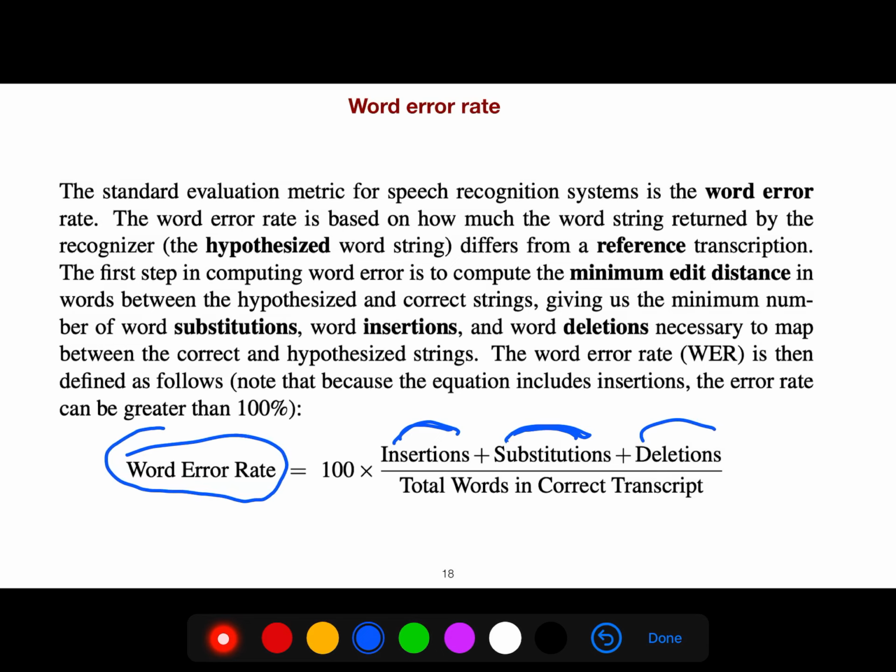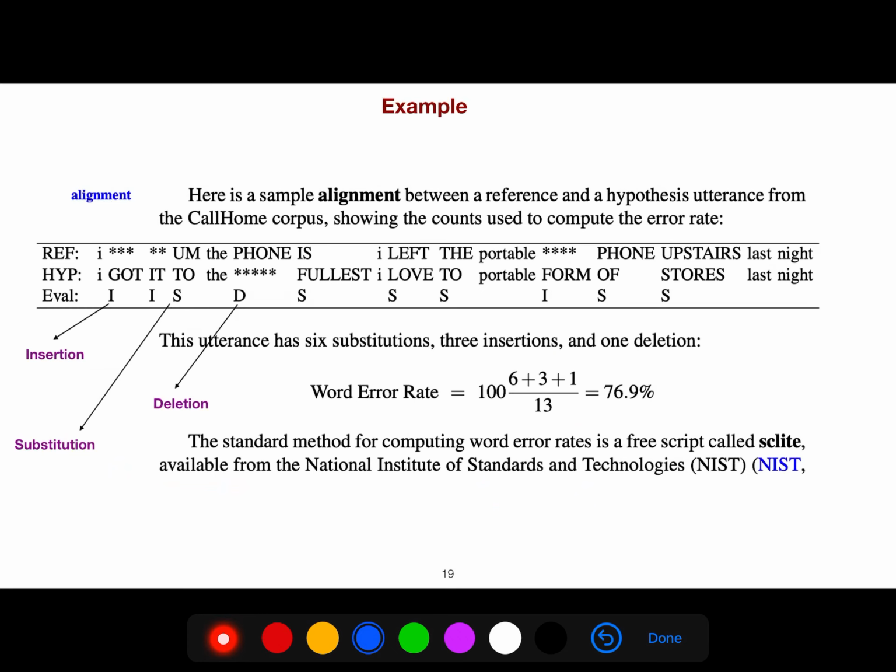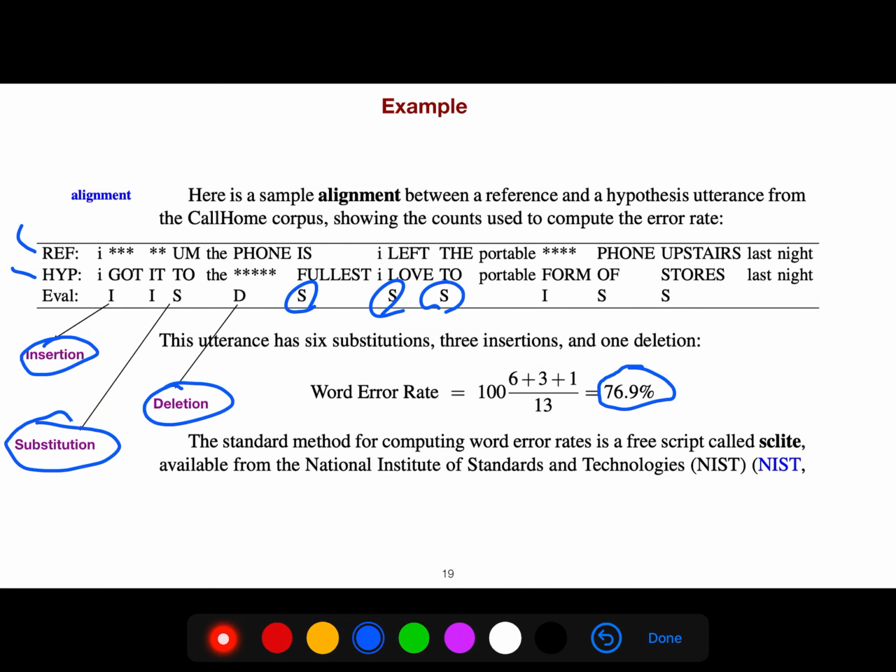Also, it is normalized by the total words in the correct transcript. For example, here the word error rate is 76%, which is very high. So it's almost wrong. The reference is very different from the hypothesis. I stands for insertion, S stands for substitution, and D for deletion. For example, here we have substituted a lot: substitute, form of, stores, and insertion.